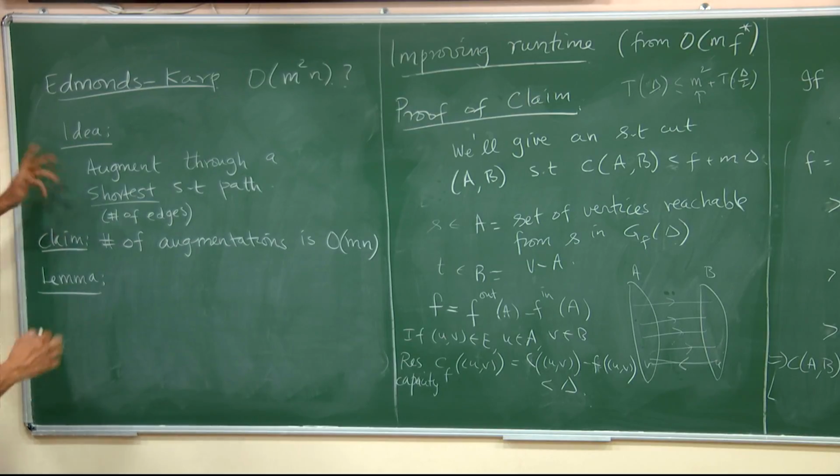The correctness again follows from the Ford-Fulkerson algorithm. Think of this as another implementation of Ford-Fulkerson. Ford-Fulkerson says just find any path, and when there is no path, you have got the max flow, and we are saying that just do augment through the shortest path.